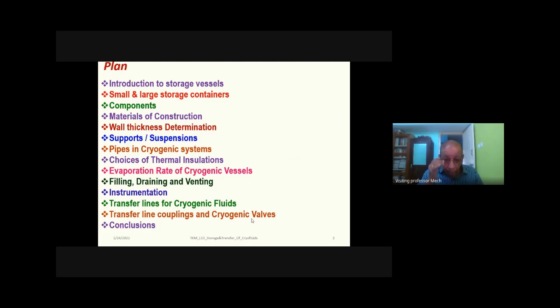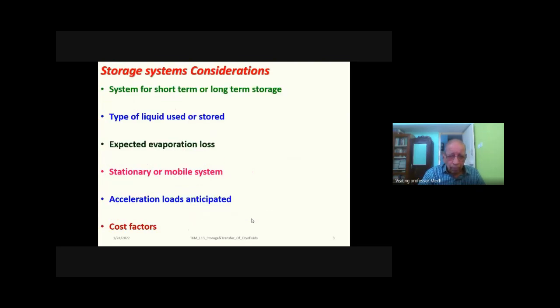How do you fill, drain, and vent, and the various instrumentation. We will also discuss the transfer lines for cryogenic fluids. Particularly, we will try to see how one fabricates a transfer line, what are the steps involved. We'll just have a brief discussion about that. And then the transfer line couplings and the cryogenic valves, and we'll conclude this talk.